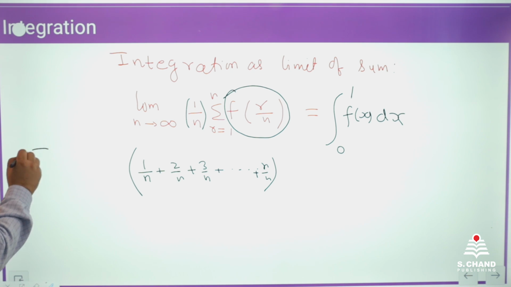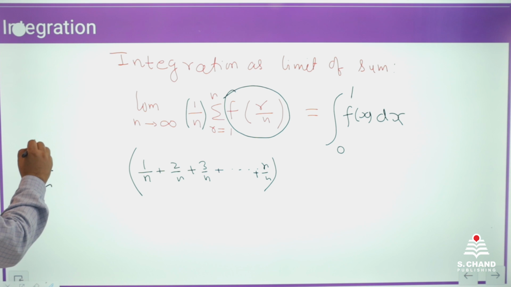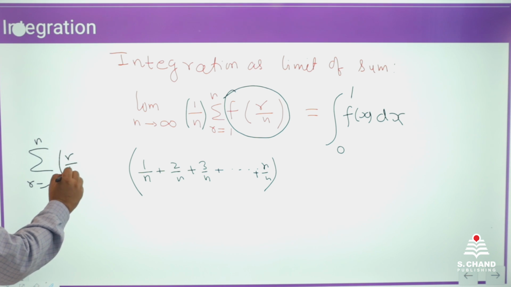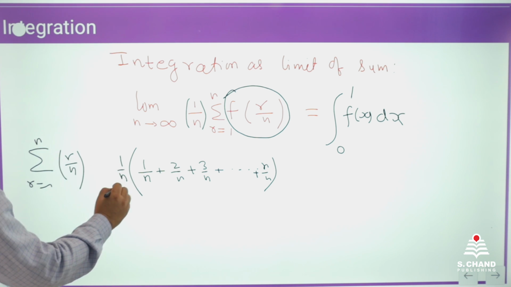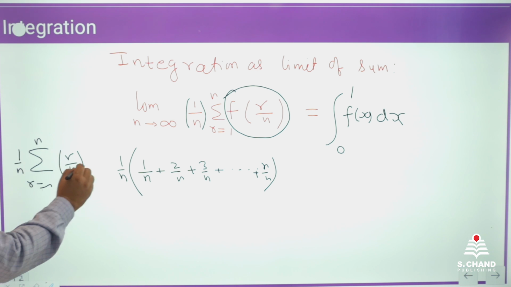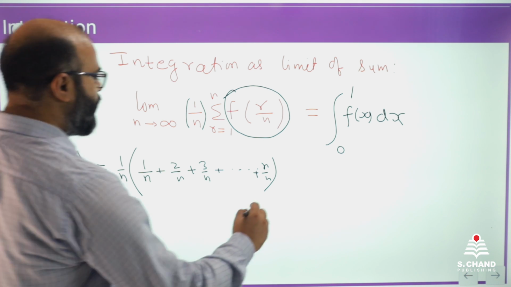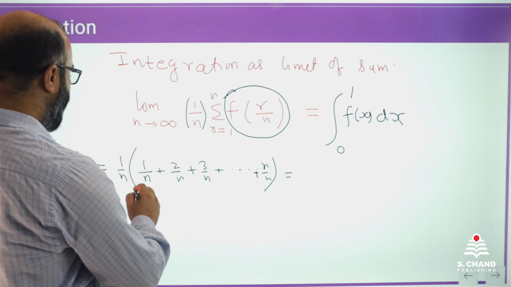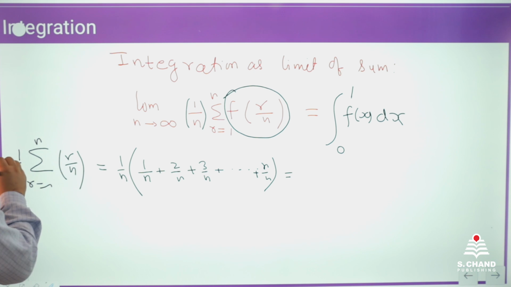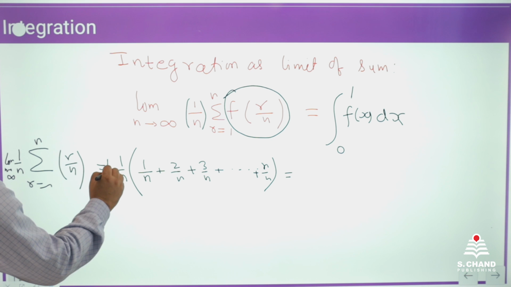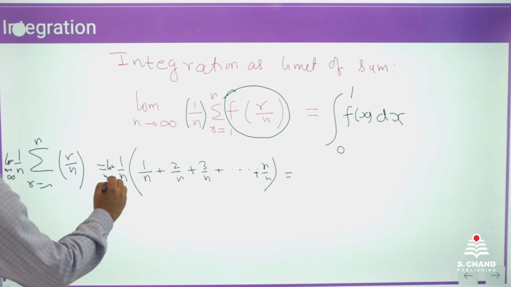So sigma r equal to 1 to n, r by n. Now this is multiplied by 1 by n. So both are the same. Now you have to find this summation. How do you find this summation? Obviously there is a limit also, limit n tending towards infinity.